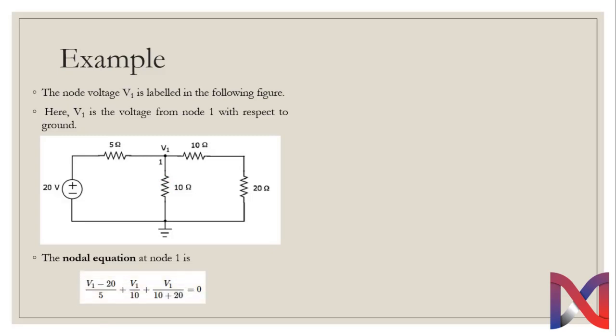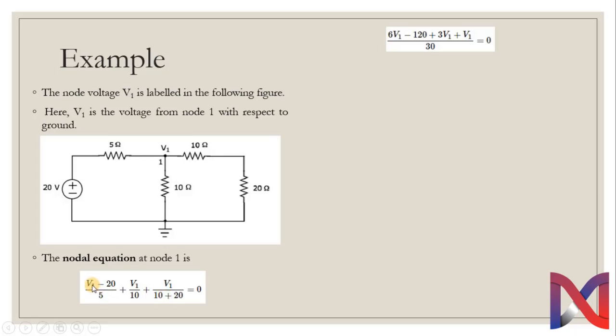So we have V1 minus 20, here we have V1 and here we have the 20 volt source. So (V1 minus 20) divided by 5 plus V1 divided by 5, here we have 0 potential. So (V1 minus 0) divided by 10, and here we have to add both resistors. So we have V1 divided by 10 plus 20 is equal to 0. This equation can be simplified by taking an LCM of 30.